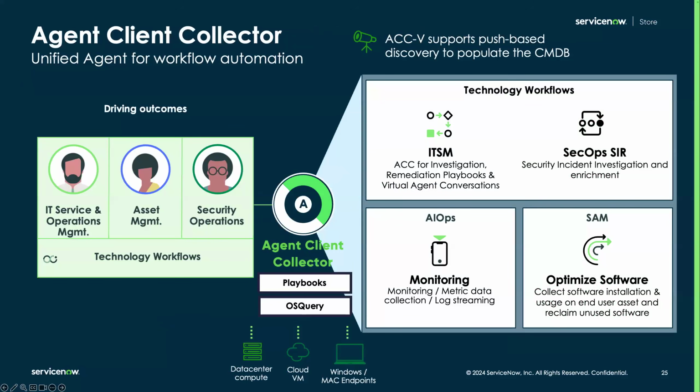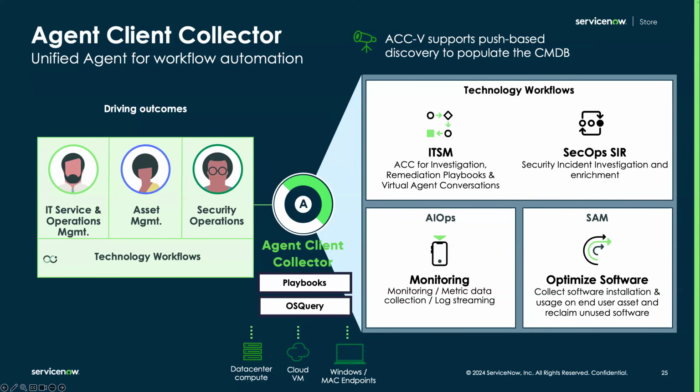The advantage of the agent client collector is that it enables a lot of different outcomes. It's a different type of discovery, first of all, because it's a push-based discovery to populate the CMDB.